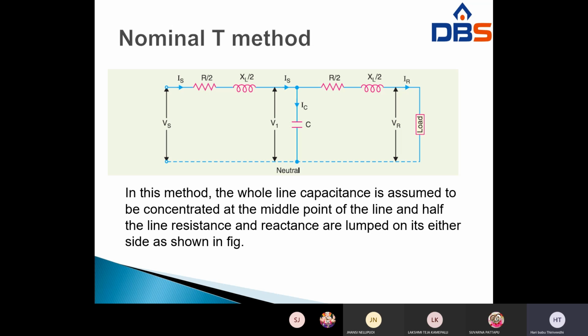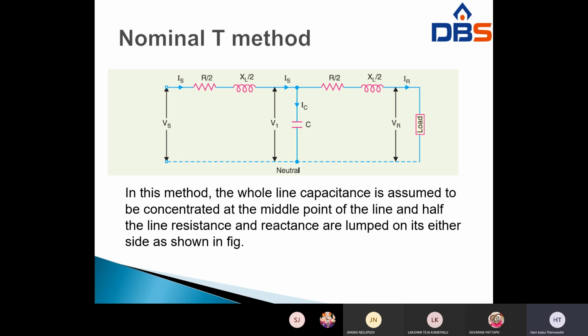V1 is the voltage across the capacitor C. Now I am putting the phasor diagram as usual, as shown in the figure. Taking the receiving end voltage VR as the reference voltage, VR equals VR plus j0, and the load current IR equals IR cos φR minus j sin φR.